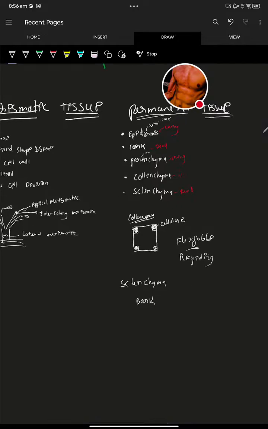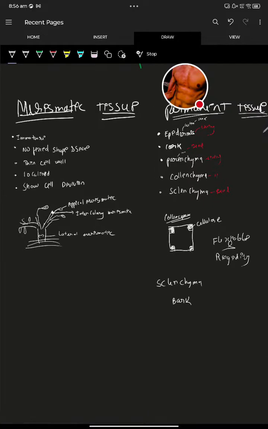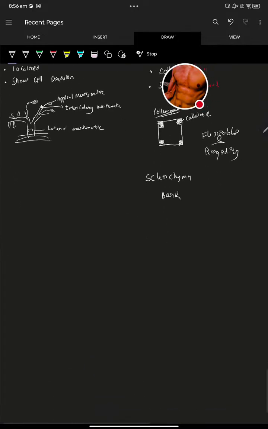Now we have done permanent and meristematic tissues. Now we are going to do your complex permanent tissue.